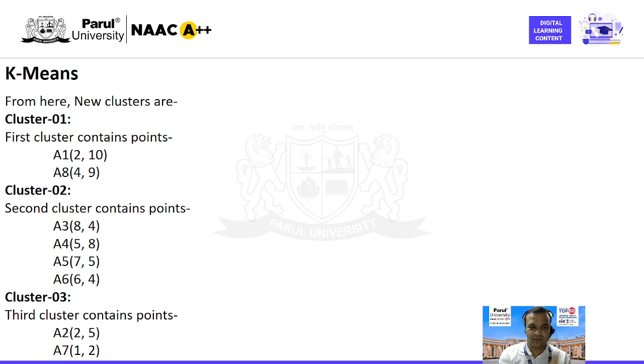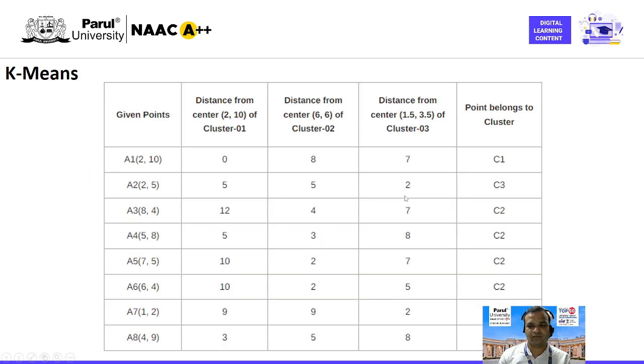From here, the new clusters are as follows. Cluster number 1 has A1 and A8. Cluster number 2 has points A3, A4, A5, and A6.